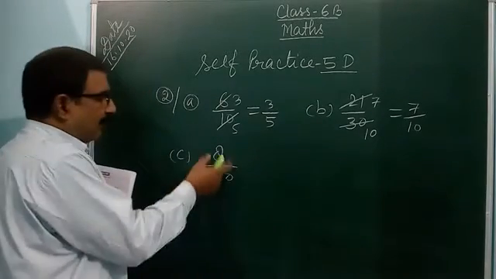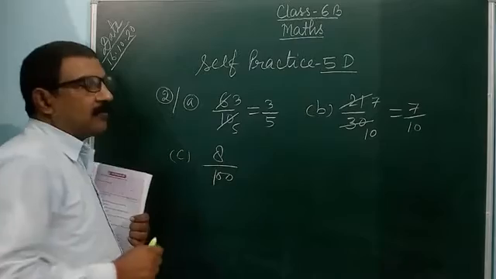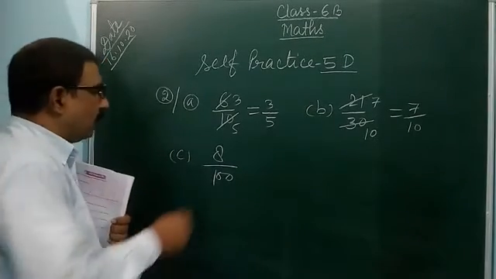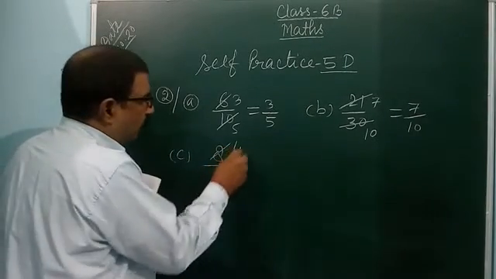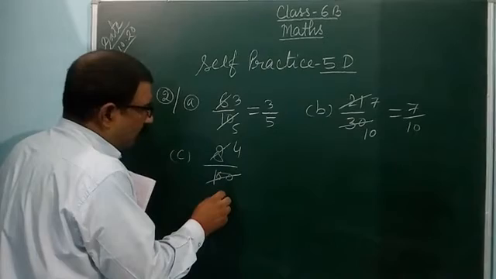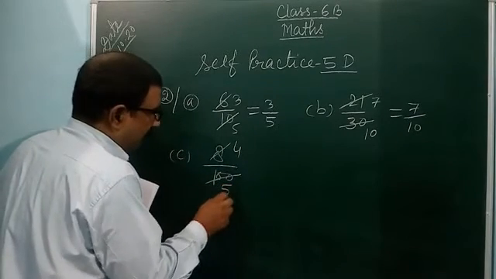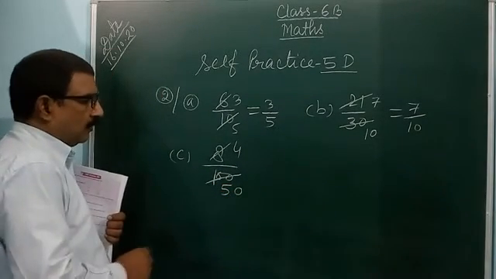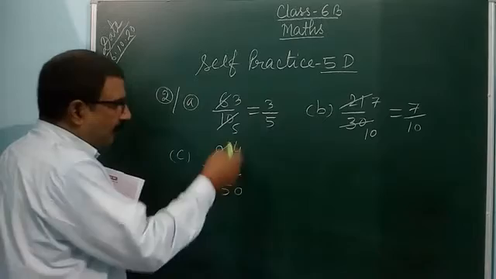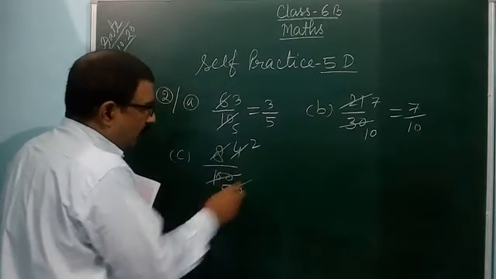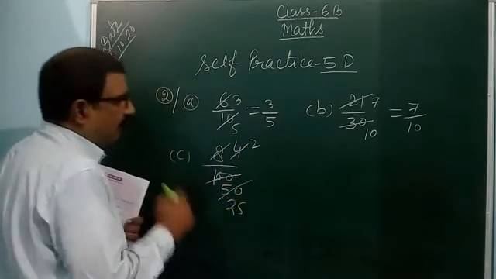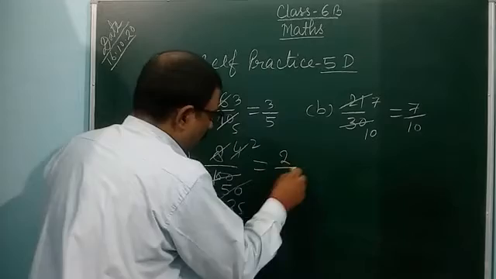So you can take a common factor of 8 and 100 both. By 2 it is divisible. 2 4s are 8 and 2 50s are 100. Again 2 2s are 4, 2 25s are 50. After that 2 by 25.